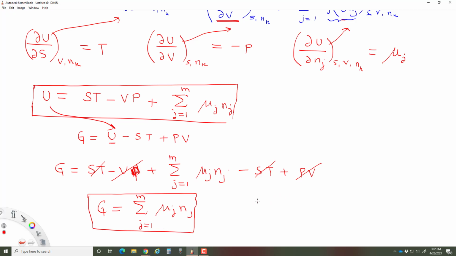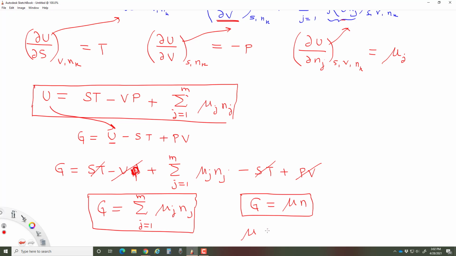Now if you have only one kind of particle, then you can write this as G is equal to mu N, just for one kind of particle. And you can write mu, which is the Gibbs chemical potential.